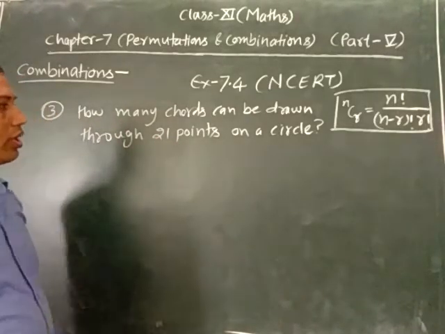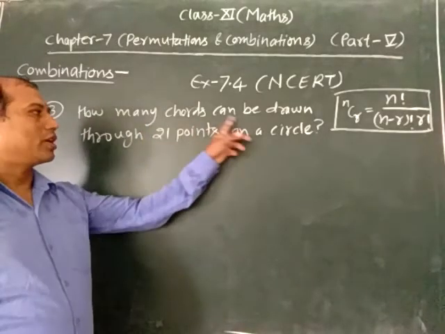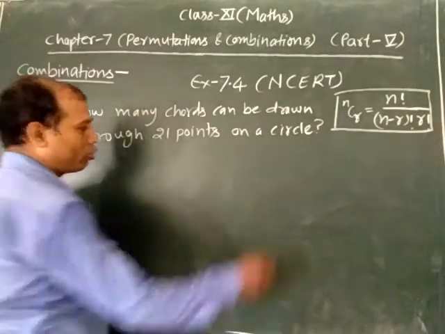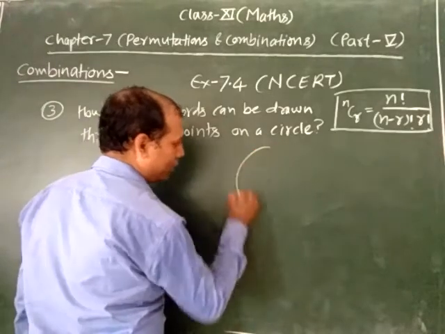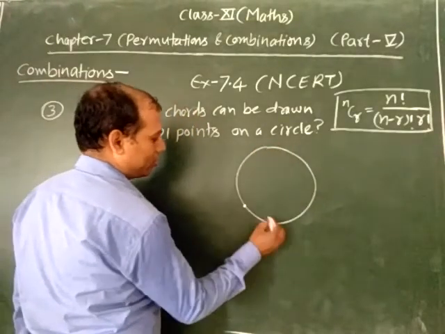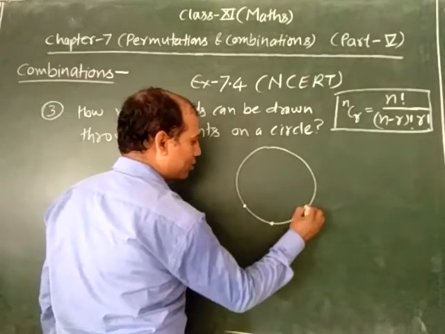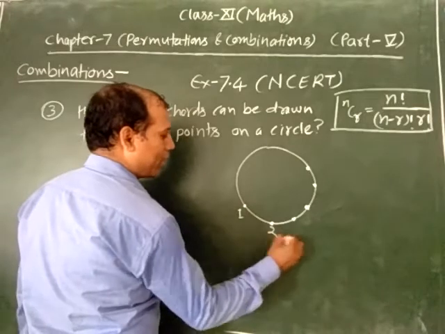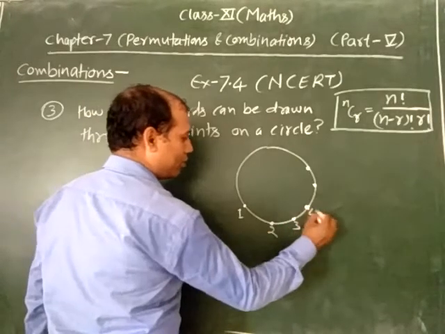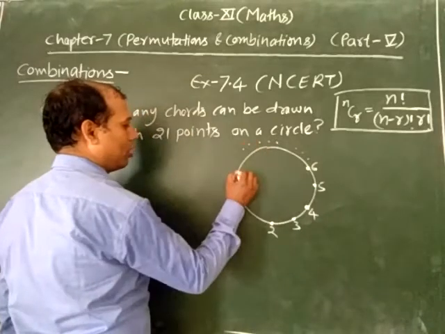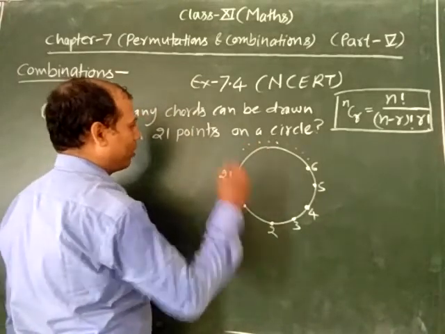Now all of you know that the chord of a circle is the line segment joining any 2 points on the circle. Suppose that this is a circle. There are some points. Point number 1, point number 2, point number 3, 4, 5, 6, and so on up to 21.